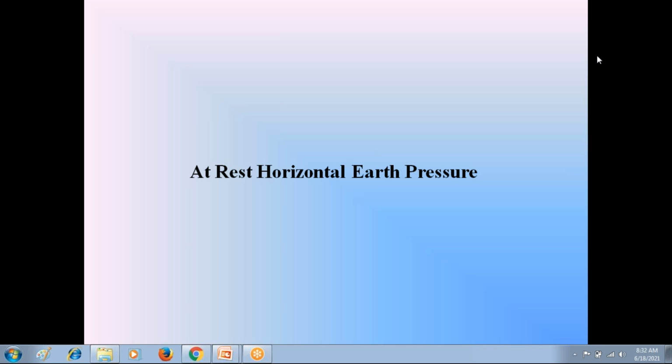In soils, that ratio sigma H by sigma V is called the coefficient of earth pressure. So it is an important concept. Everyone should remember this. Sigma H by sigma V in soils is very, very important.